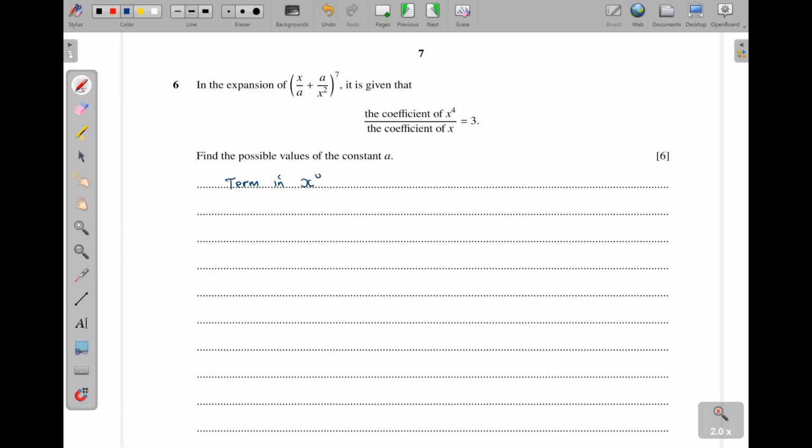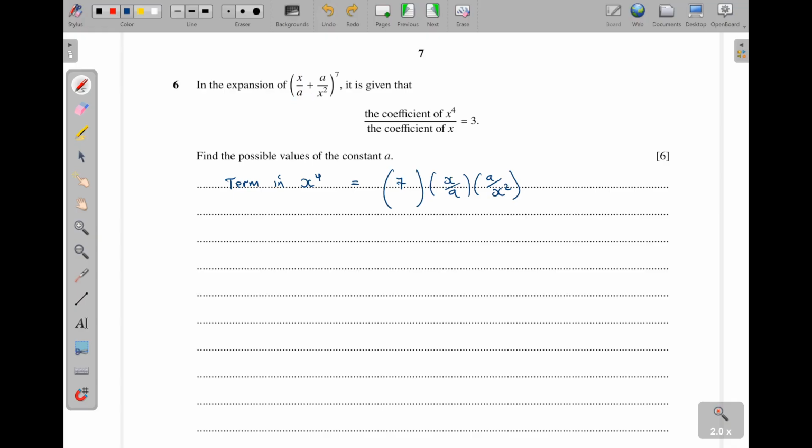in x^4. So, this one will be n combination something. We have two terms, x over a, and the other one is a over x squared. Now, the powers are going to move like this.